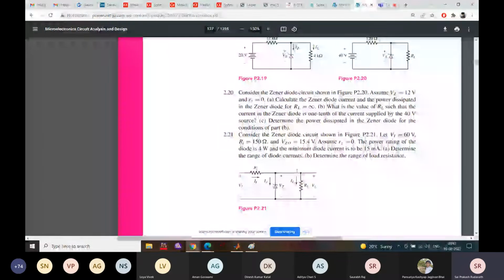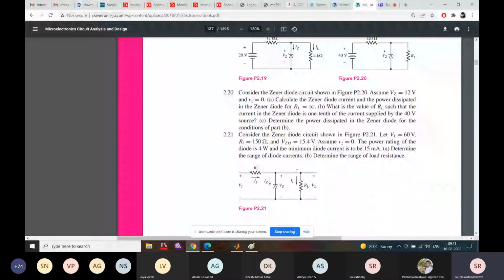How much power is dissipated in the Zener diode? Anyone solve? Sir, 0.254 watt.